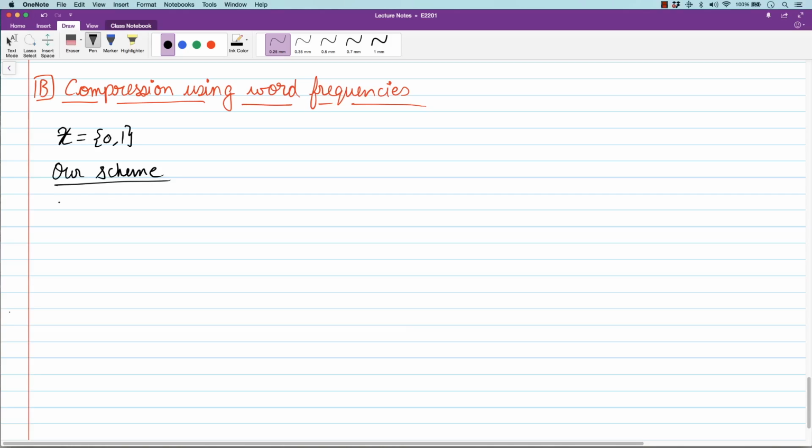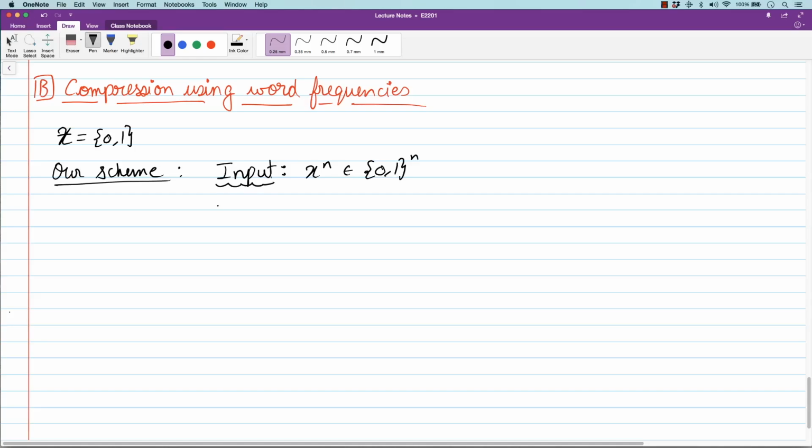Maybe I'll be a little bit more formal. Let me explicitly describe the scheme. What's the input for our scheme? Input is the sequence x^n, which is a sequence of zeros and ones of length n.